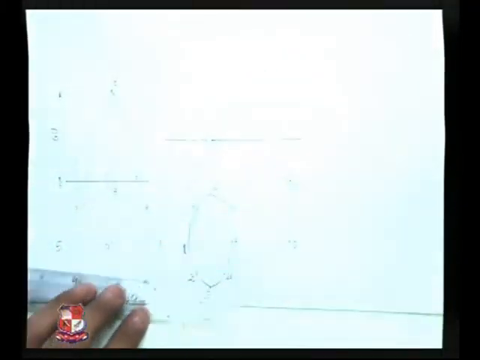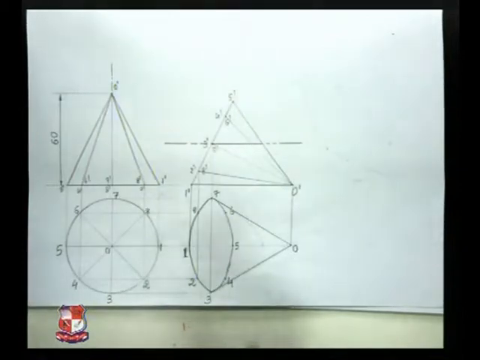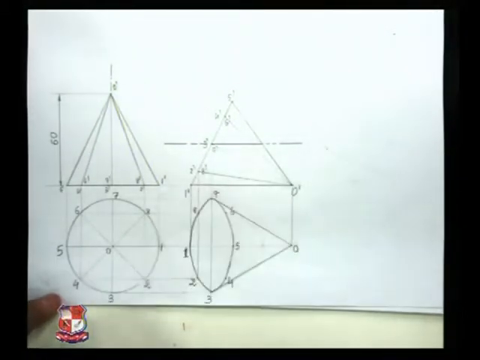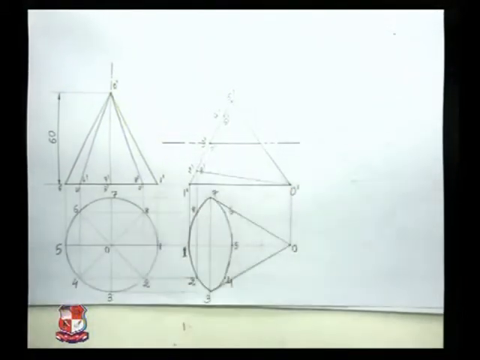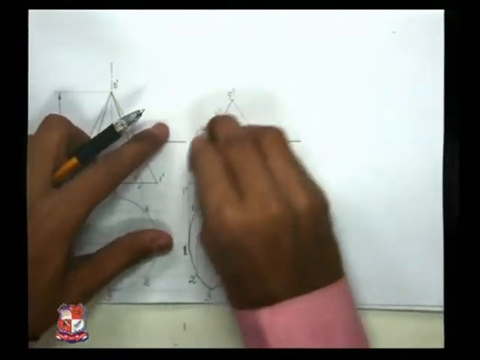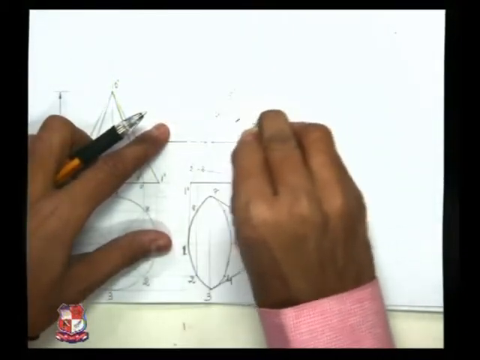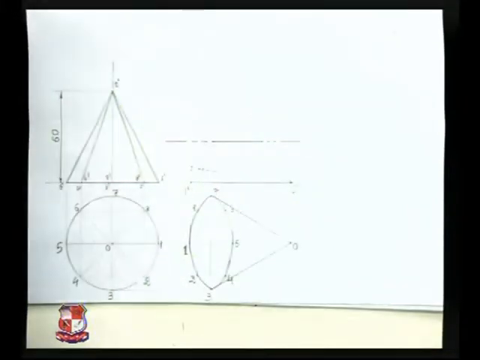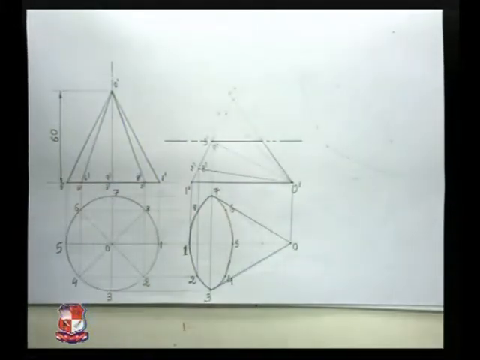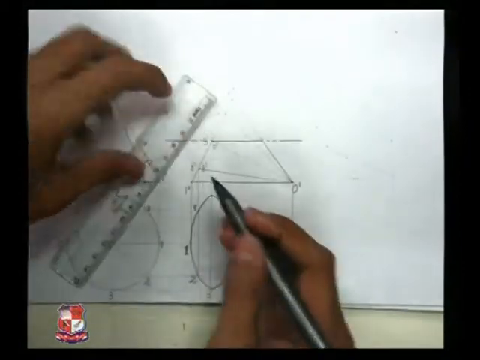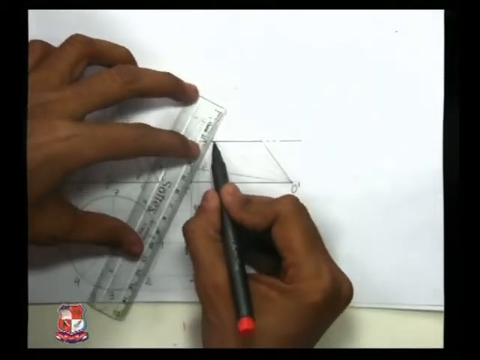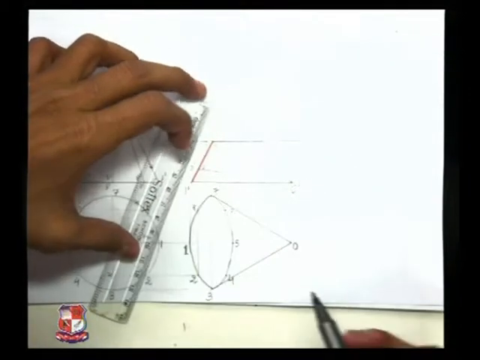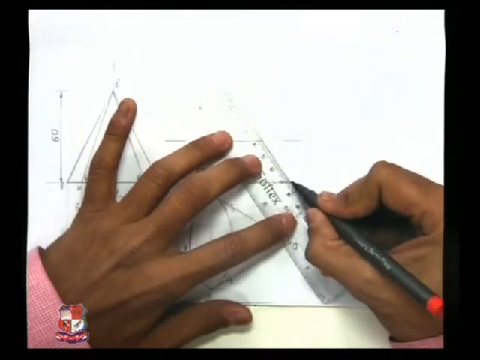It's a cutting plane line symbol, and this cone is cut from here. Now this upper portion is removed, so we should erase it or make it very much lighter because it's a removed portion, and only this portion remains with us after cutting this cone at the given angle, as shown by these red colored lines.